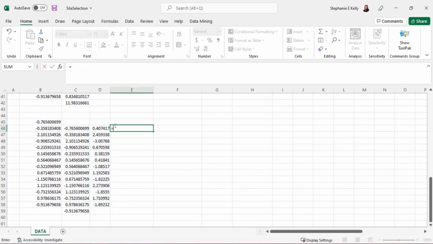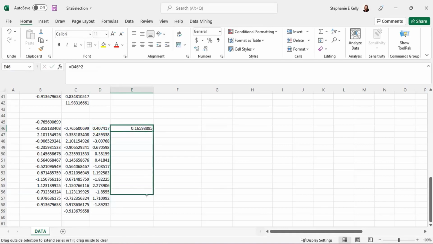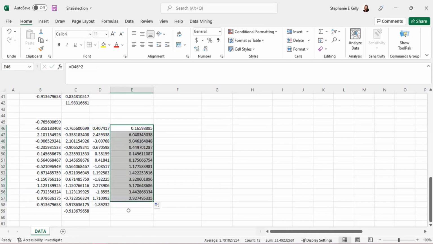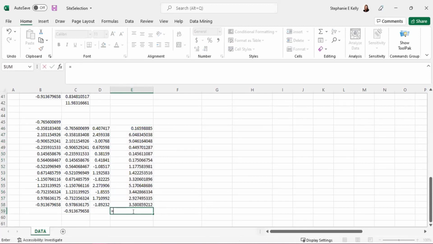Then you square those values. And then we'll take the sum of the squared difference of these residuals.